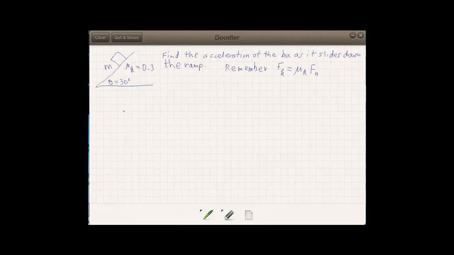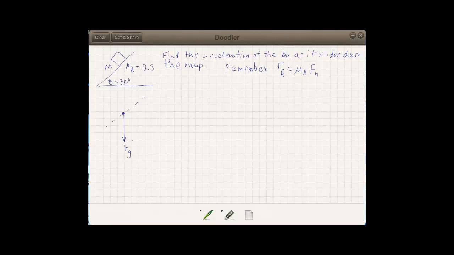That free body diagram we're going to draw separately, and make the box a big point. We'll show the ramp with a dotted line and draw all the forces acting on the box on this diagram. The first one we know about is the force of gravity pointing straight down, F sub g.